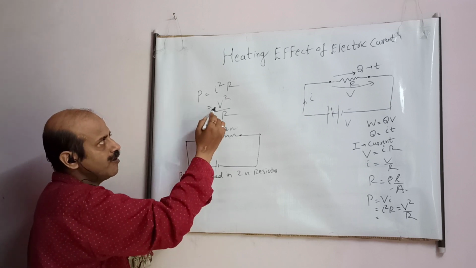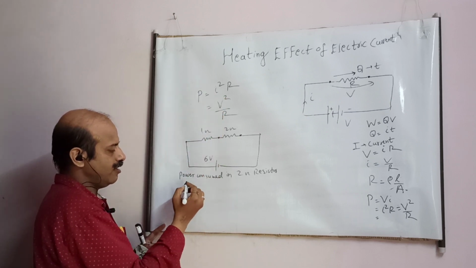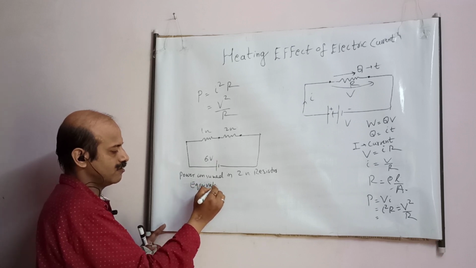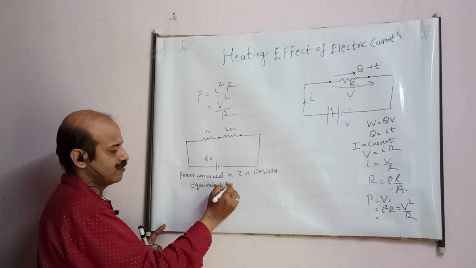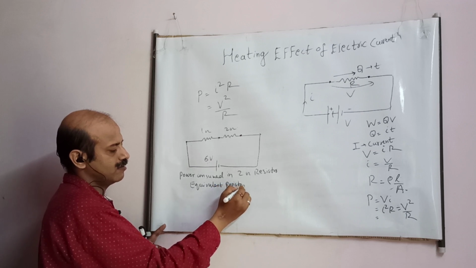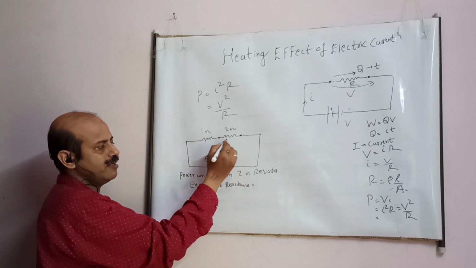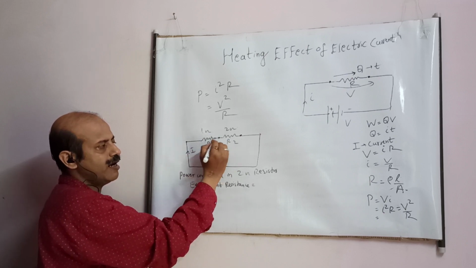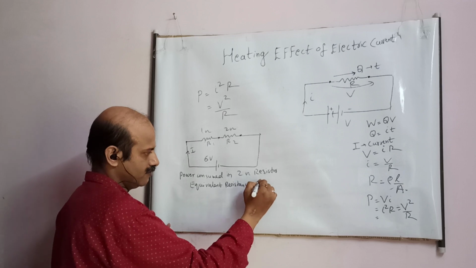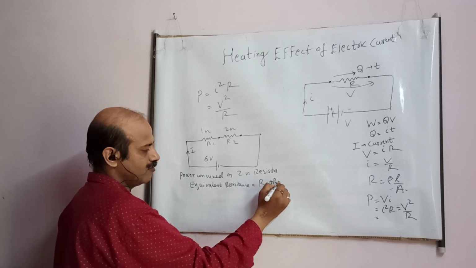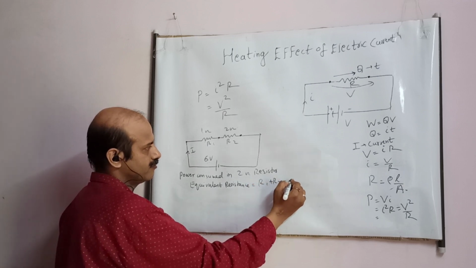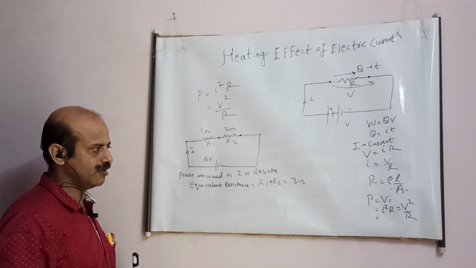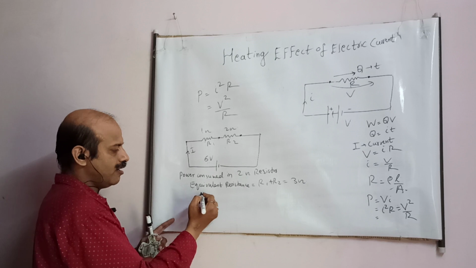How to apply this formula, student? First you find the equivalent resistance. These two are in series, the same current will pass. R1 plus R2. Okay student. Then you find out the current.